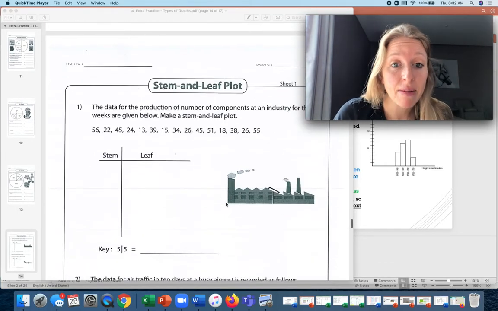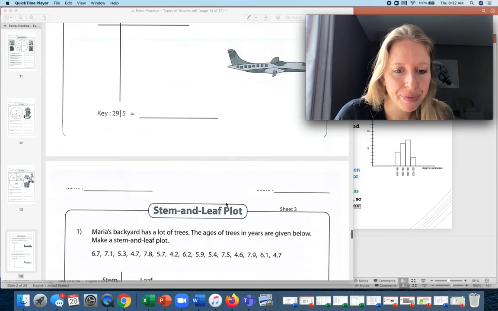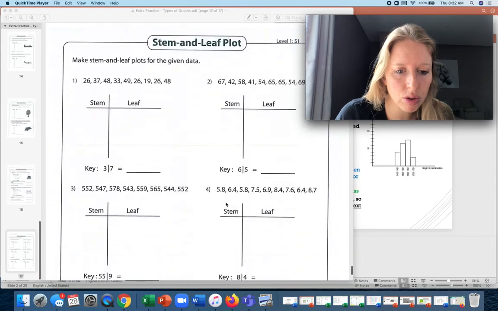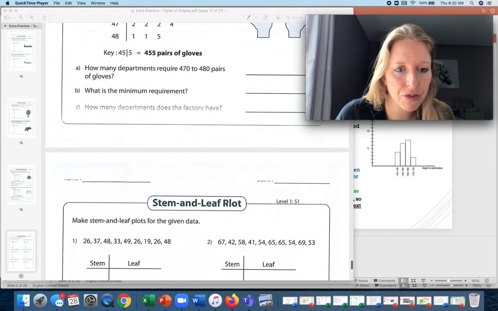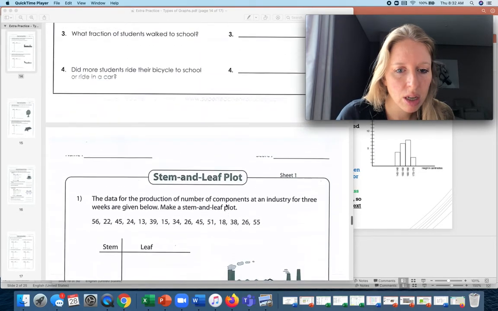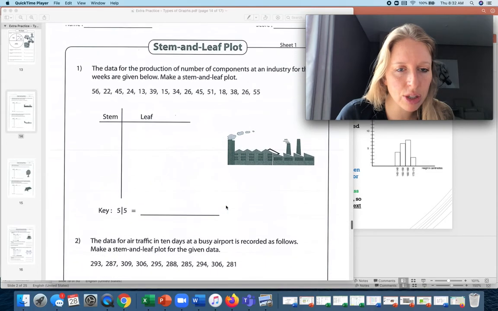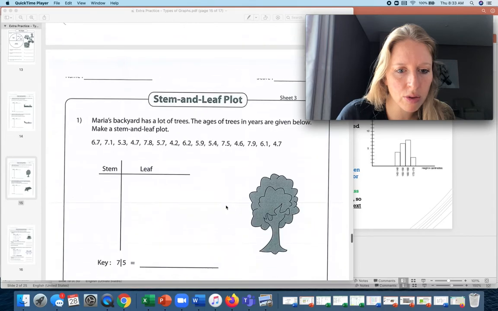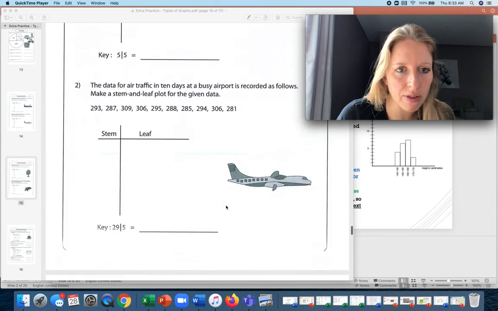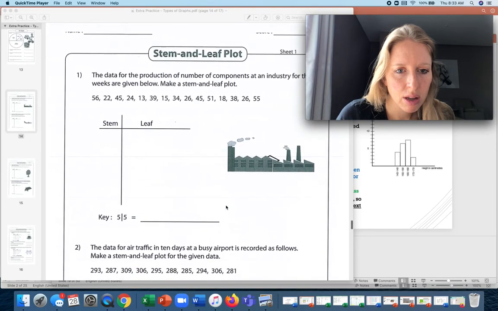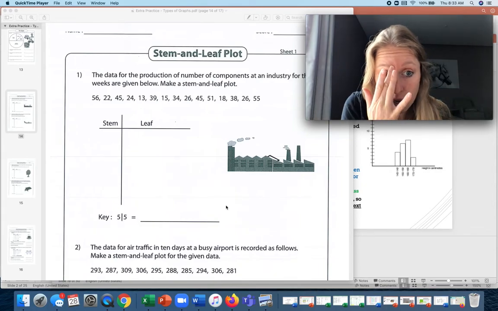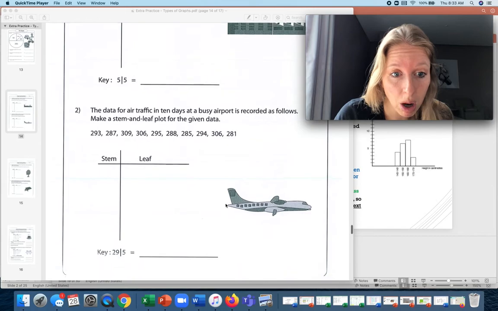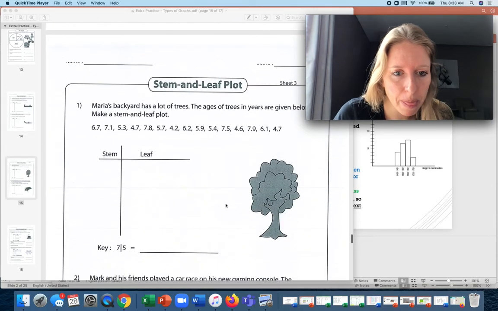Okay, then stem and leaf plot. I've given you 4 pages. I'd like you to do either one of these ones. Either this one about the industries, our air traffic controller, or this one.